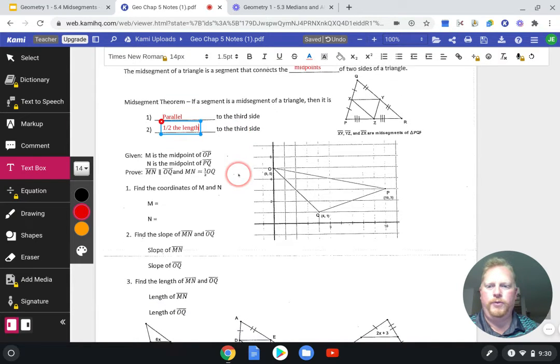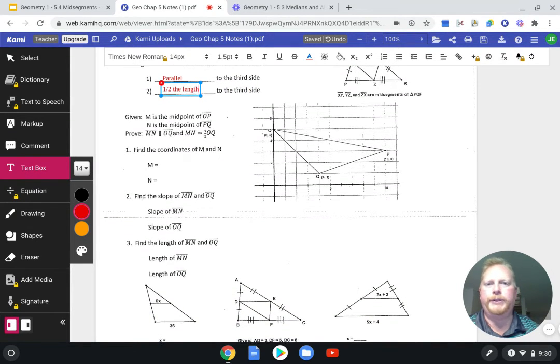Now I'm going to go through this little proof here, and I'm going to do it as quickly as I can because you're not going to have to do this. You're not going to have to know this, but it's just proving to you those two properties. So here we have 3 points in a triangle, Q, O, and P. It says that M is the midpoint of OP.